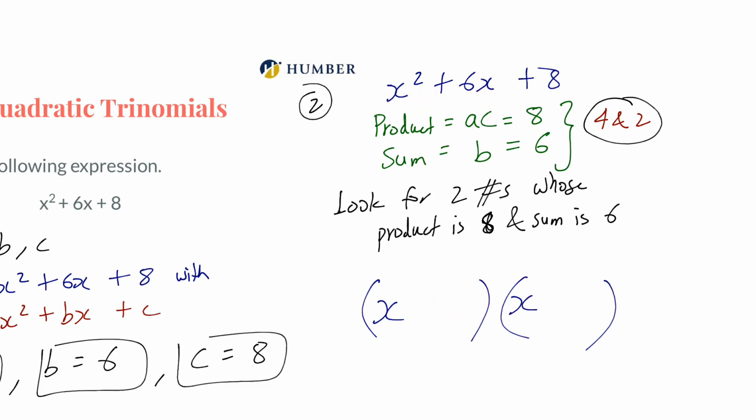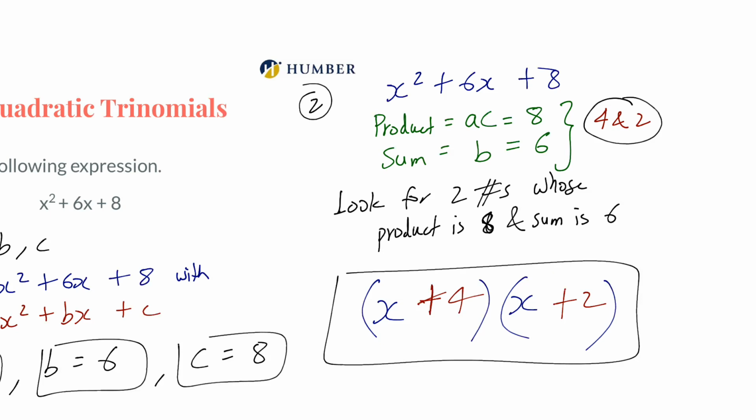And then the numbers that you fill in here are the two numbers you chose. So they're both positive, so you could say plus 4 and plus 2. Or you could say plus 2 and plus 4. Doesn't matter. The order doesn't matter. What matters are those two numbers that you have to choose carefully. And this would be the factored form.